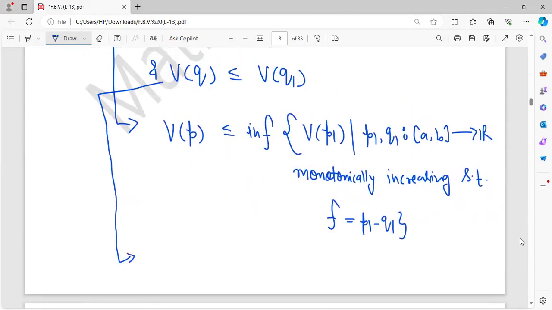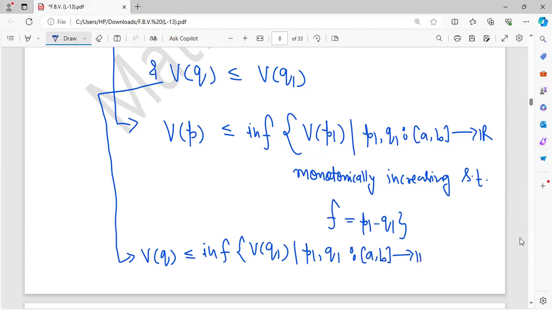So I am writing here VQ is equal to infimum of VQ1 such that P1, Q1 from closed interval AB to R monotonically increasing such that F is equal to P1 minus Q1. Okay.